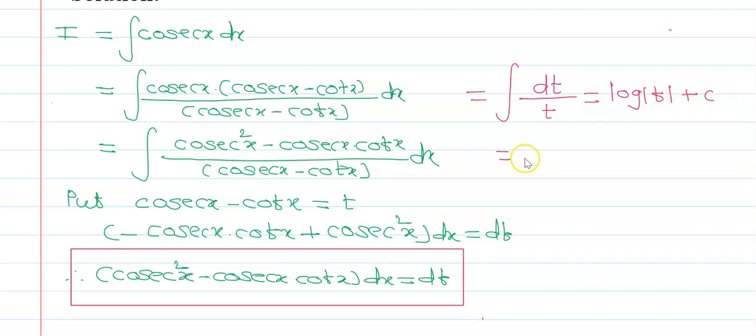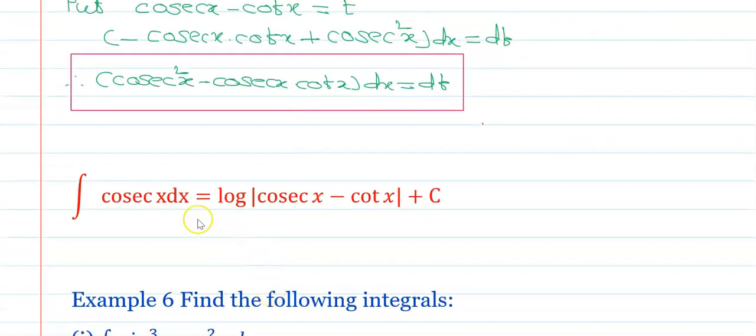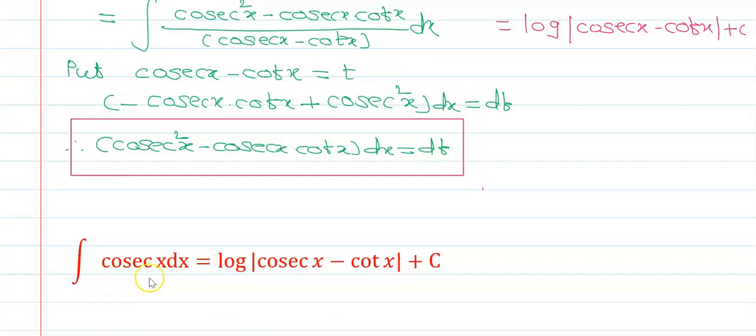And therefore the answer is log of, what is t? t is cosec x minus cot x, mod, plus c, and hence the integral of cosec x into dx is equal to log of cosec x minus cot x plus c.